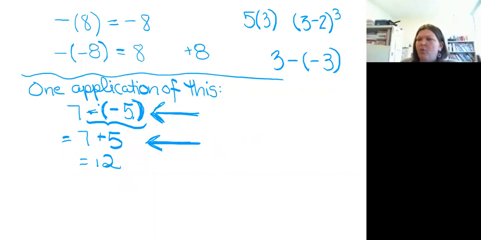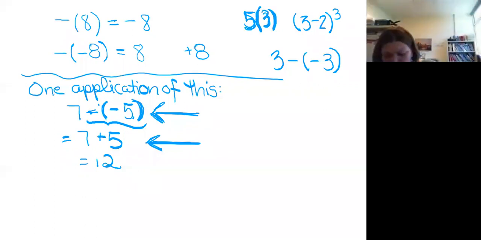Only one of these is using parentheses to mean multiply, explicitly. Only one of these problems has 2 numbers multiplying. And it's the 5, exactly, the first one. It's the 5 times 3.